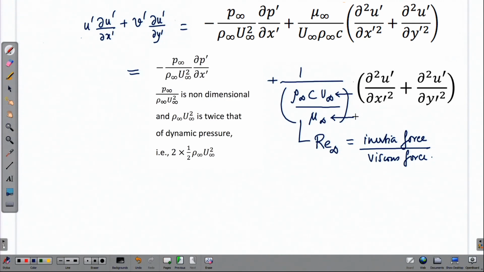So, when Reynolds number becomes larger, inertia dominates over viscous effects, and that is where viscous effects become weaker and weaker, and therefore, you can say that for infinitely large Reynolds number, typically the viscous terms become 0.